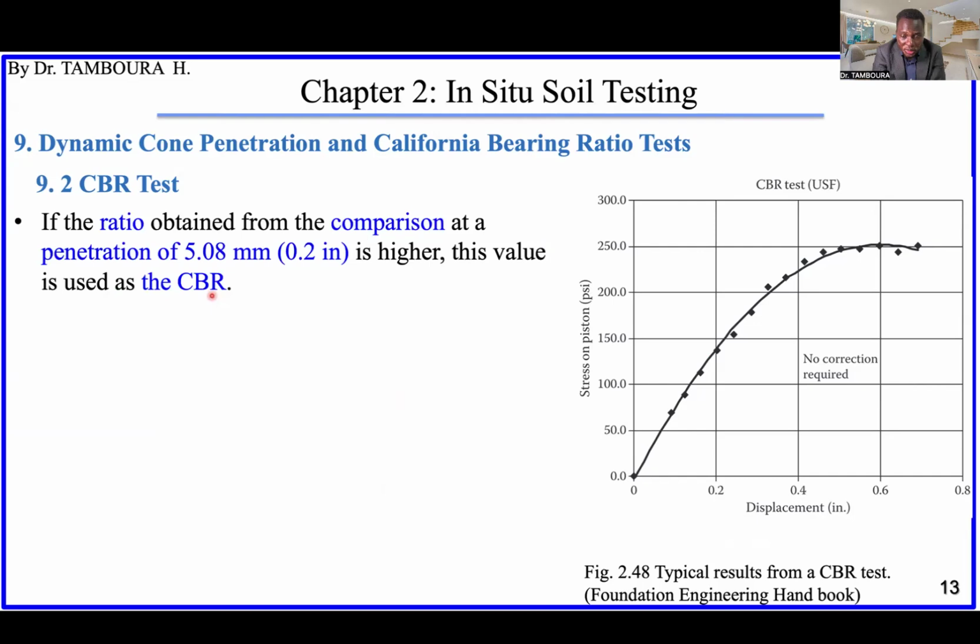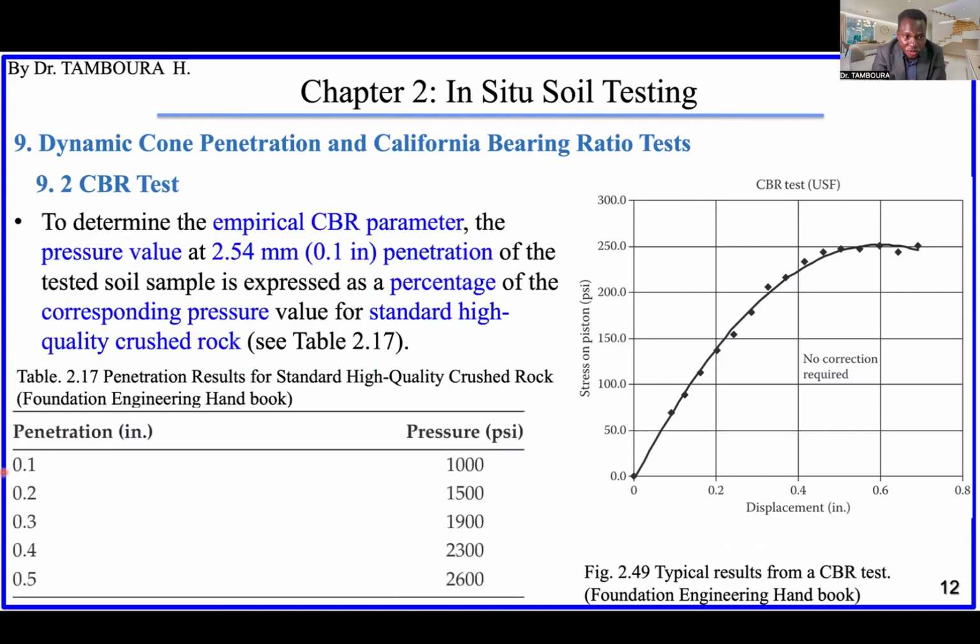Do you understand? It means you have to check two ratios. The first one is the ratio of pressure corresponding to 0.1 inches. This pressure, for example 70, you compare it to the pressure in this table, same displacement, 1,000.